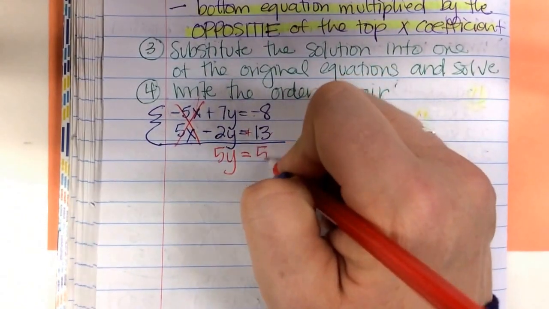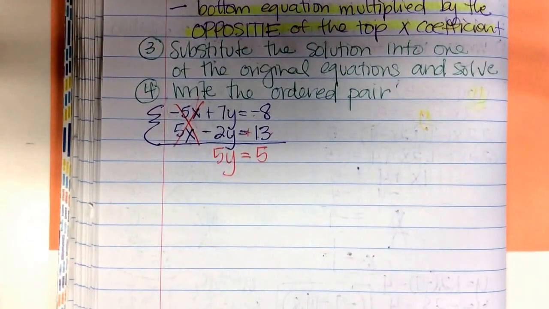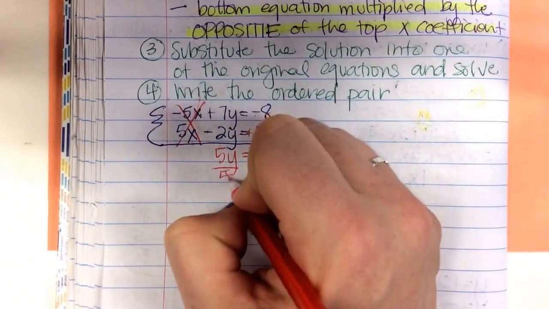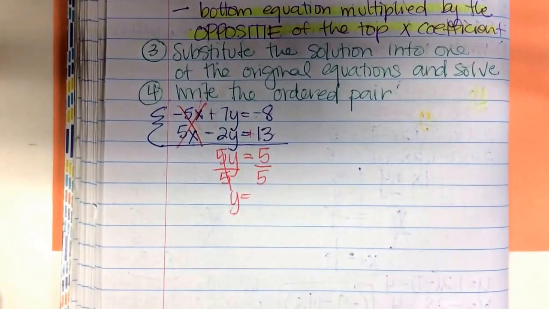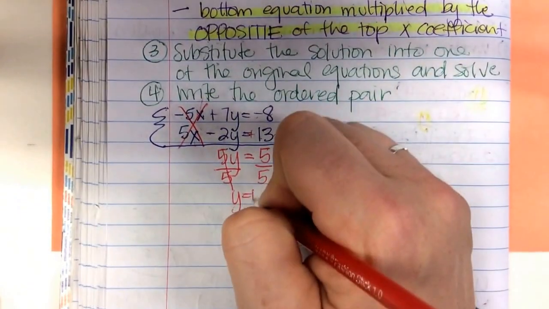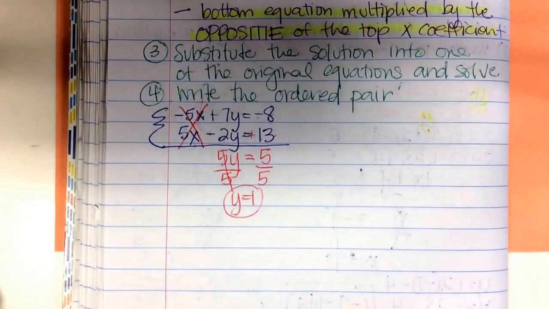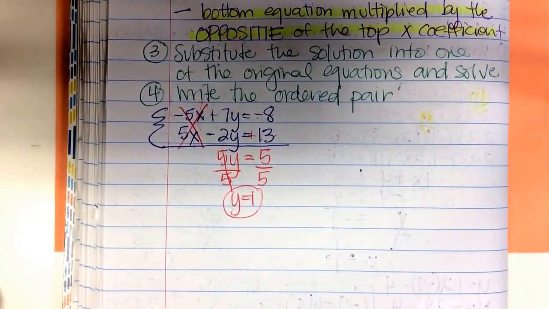Positive 5? Can you solve? What do you do? Divide by 5. So y equals 1. Sometimes it's that easy.